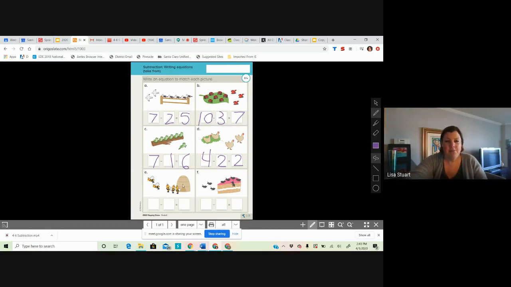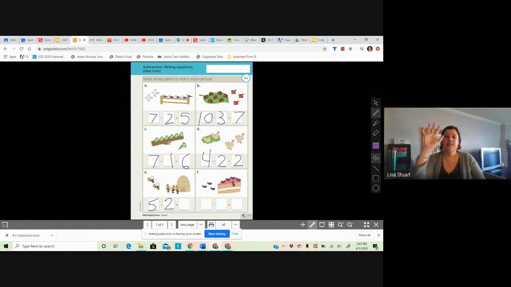All right, I see some bumblebees. Some are standing by the hive and some flew away. The first thing I'm going to do is count all the bumblebees. 1, 2, 3, 4, 5. We're going to start with 5 bumblebees. I'm going to write 5 in the box. Now, how many flew away? 2. 2 flew away.